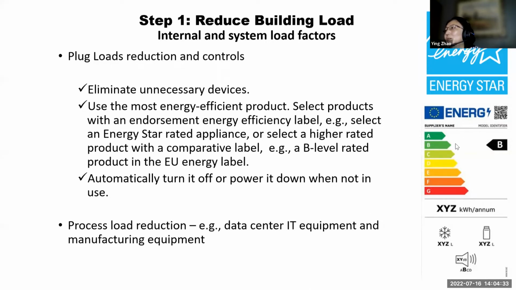So you can pick one that is greener, the greener the better. So that's the second approach. The third is to automatically turn it off or power it down when not in use.